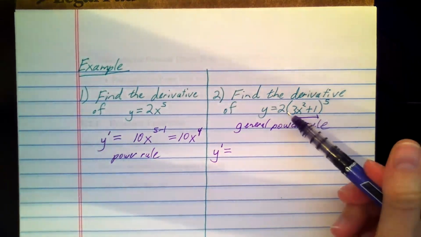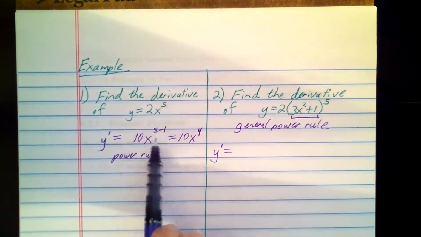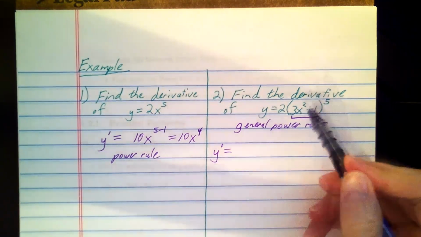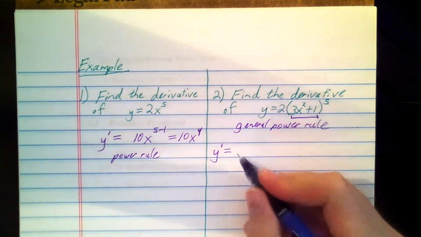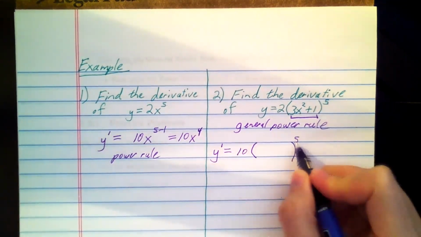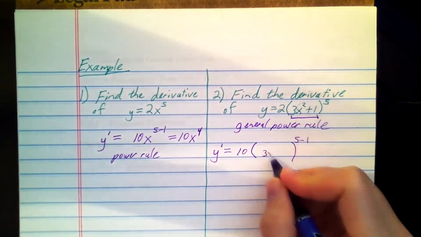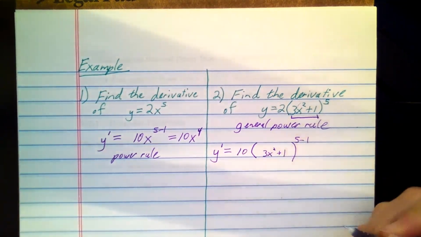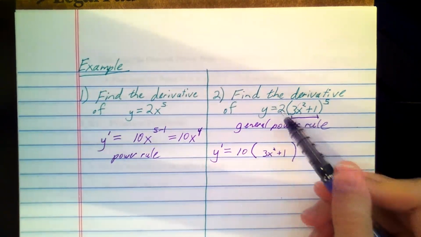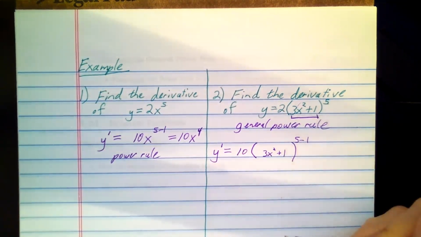The general power rule, I'm still going to do right here, where I did 2 times 5, which is 10, x to the 5 minus 1. I'm going to go 2 times 5, which is 10, but instead of x, it's going to be this thing, the 3x squared plus 1, that I don't change. 2 times 5, x to the 5 minus 1, where x is my function here.